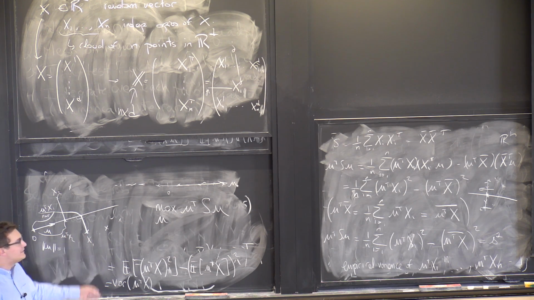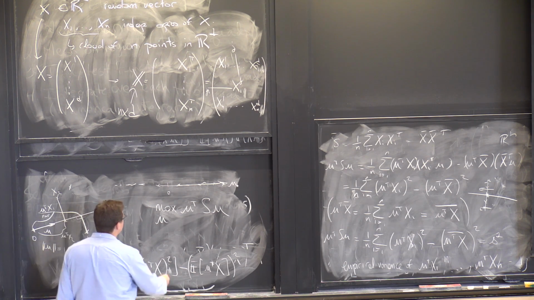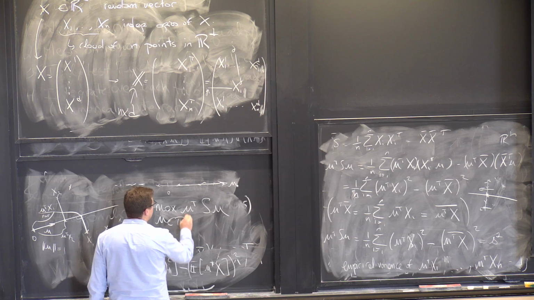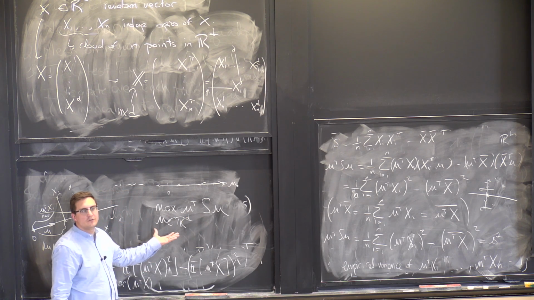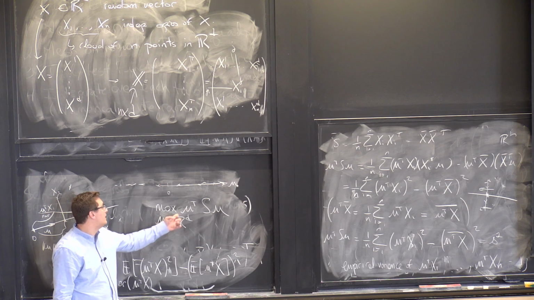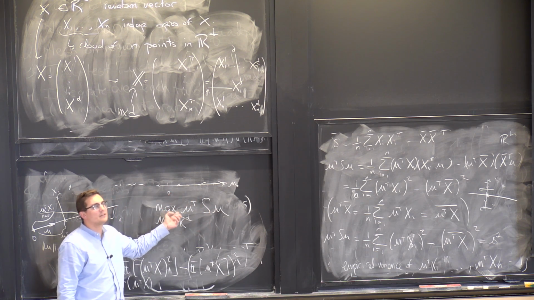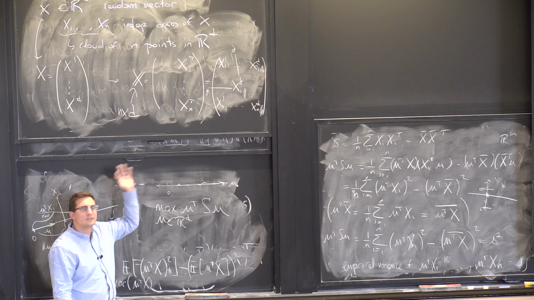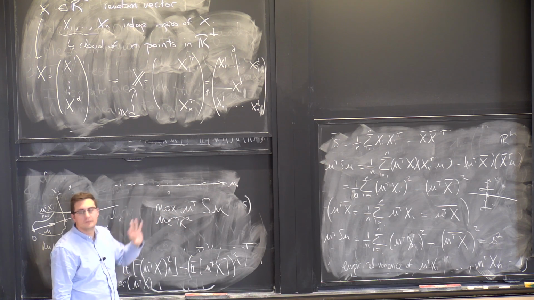Now, of course, if I write it like that for all U's in R^d, what is the value of this maximum? It's infinity, right? Because I can always multiply U by 10, and this entire thing is going to be multiplied by 100. So I'm just going to take U as large as I want, and this thing is going to be as large as I want.